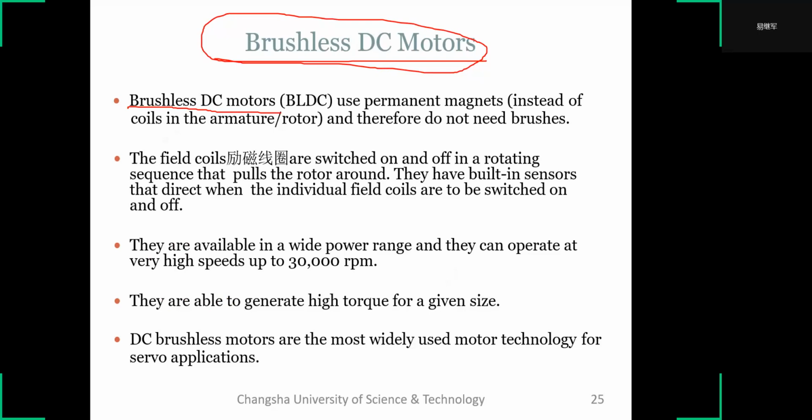The brushless DC motor, BLDC, uses permanent magnets instead of coils in the armature rotor, and therefore does not need brushes.